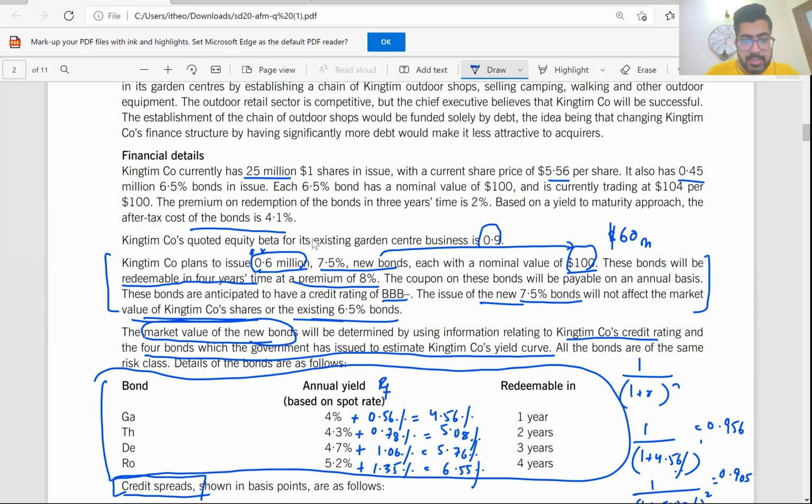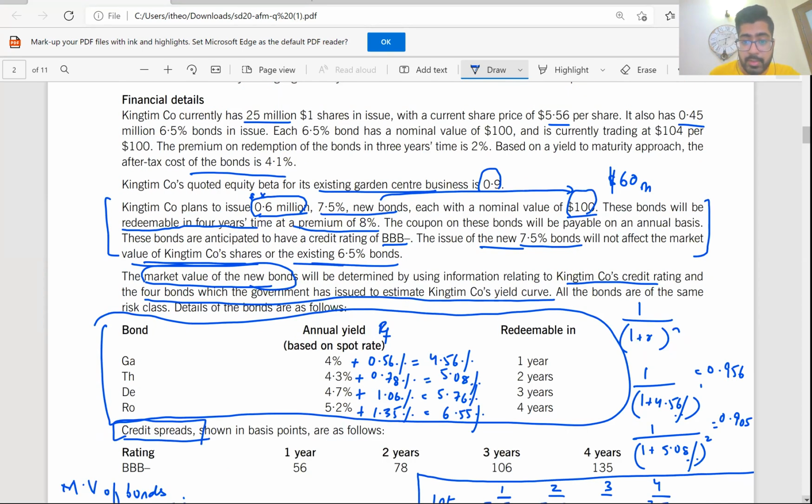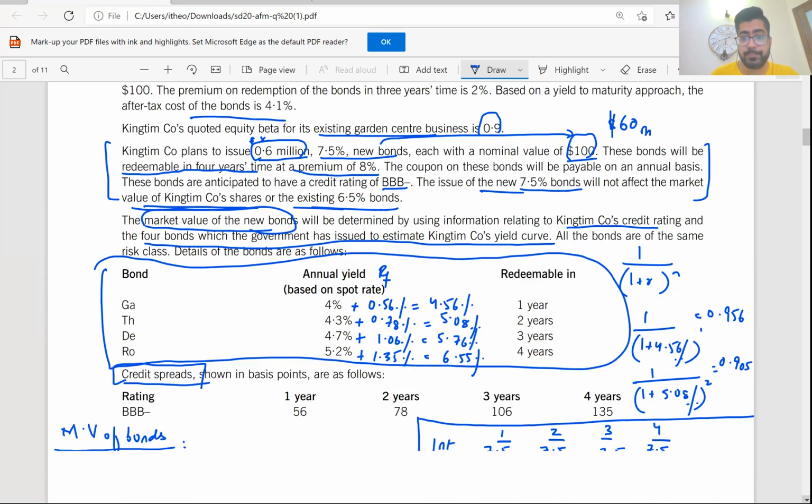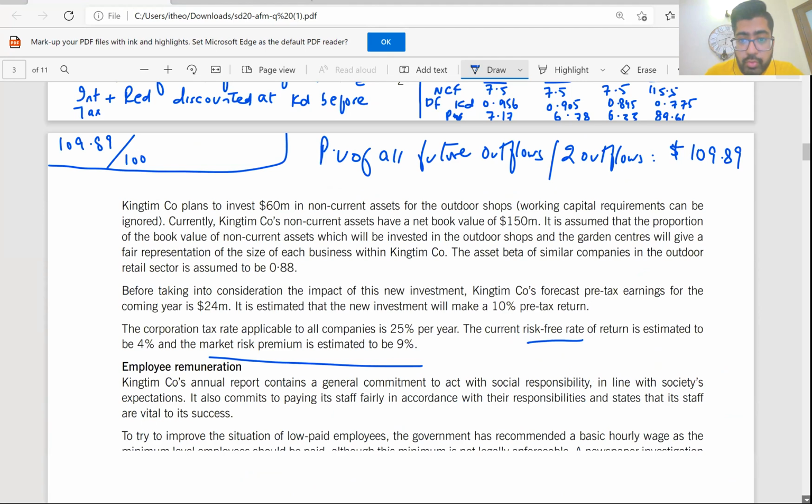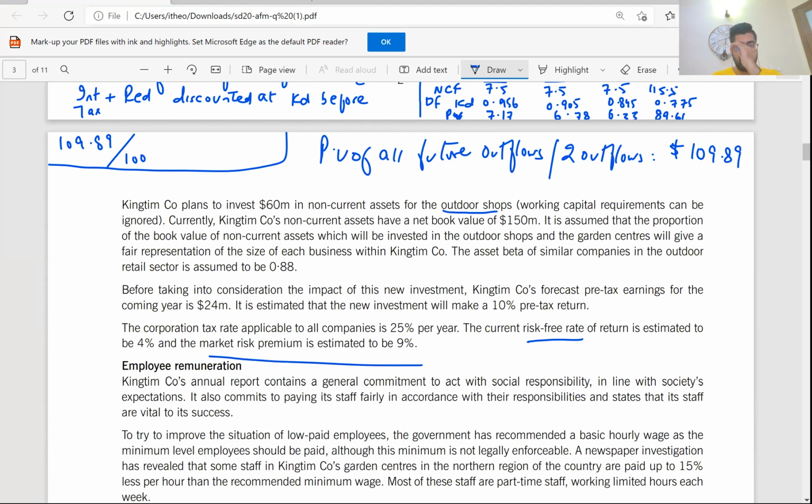This is for its existing garden center business. When the company issues new bonds, it's not just keeping the money, it's raising the new bonds and investing in a chain of outdoor shops. This will definitely change beta. Okay, because KINGTIM plans to invest 60 million, raised through the new bonds, in non-current assets for outdoor shops.